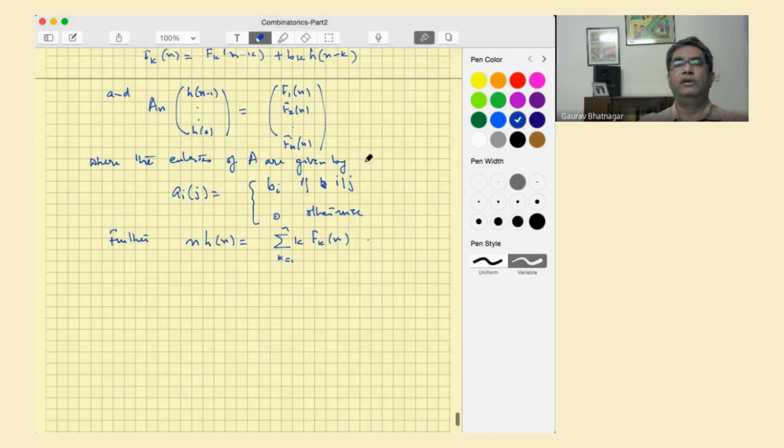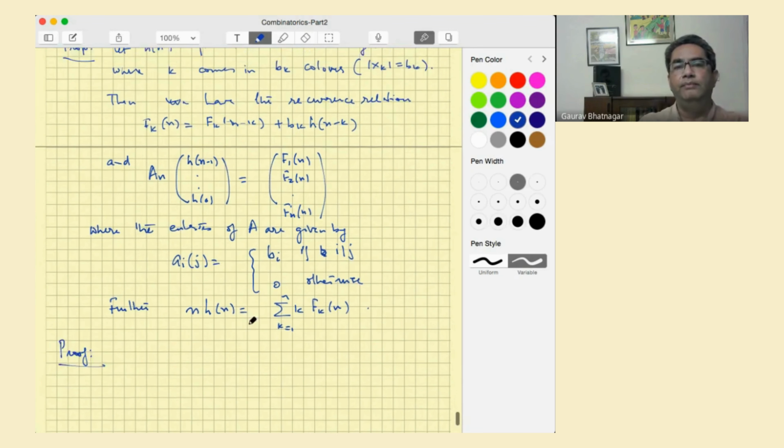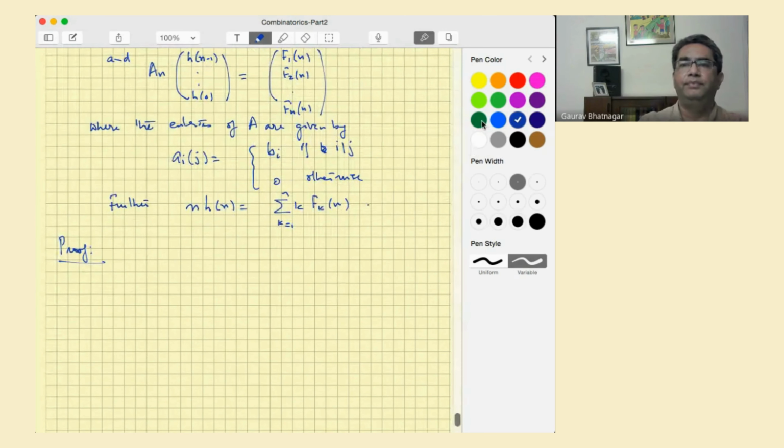So these two determine everything. Basically we are generalizing this. There was 1 here, and now I have put a b_k here. That's all.